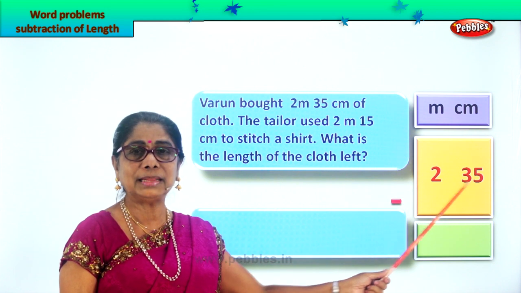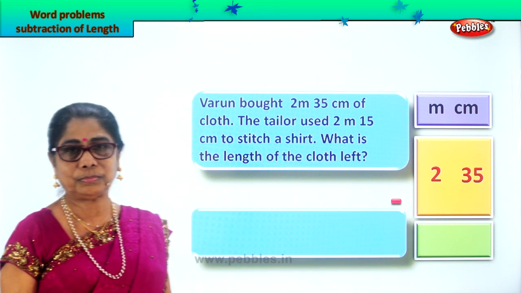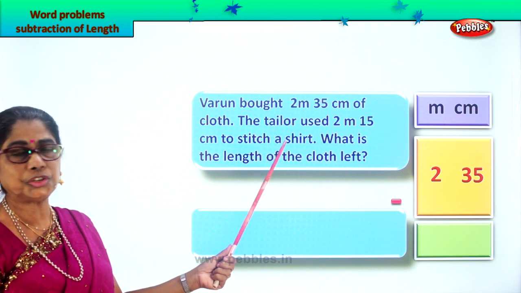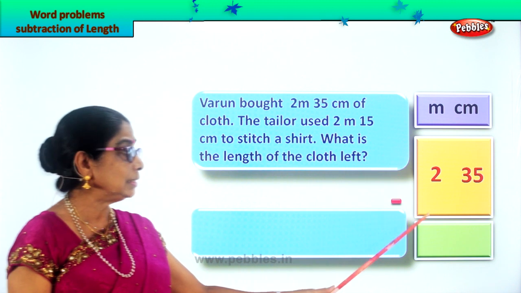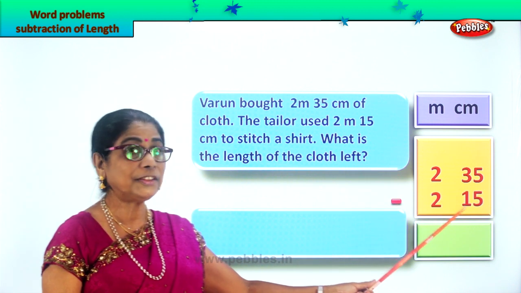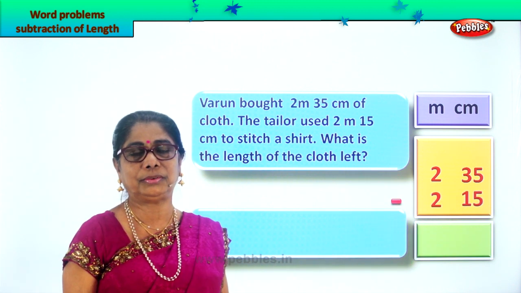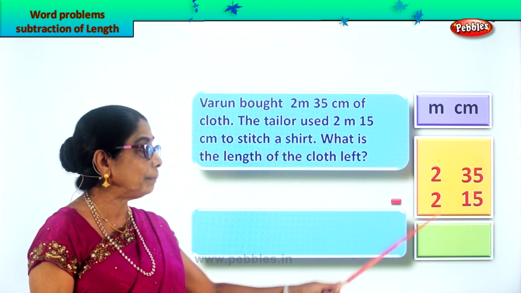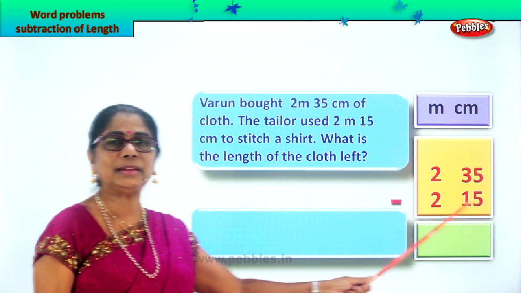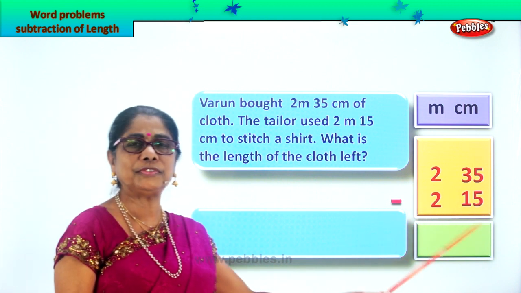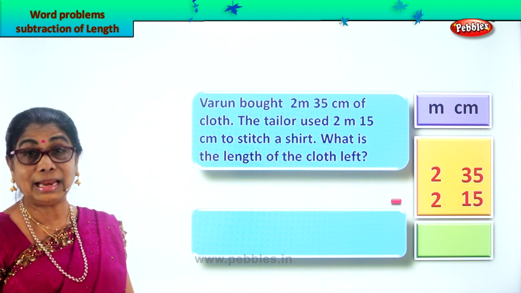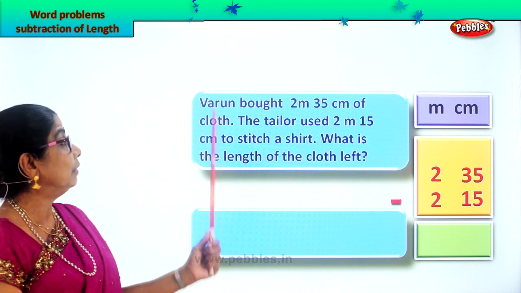The length of the cloth the tailor used for stitching a shirt is 2 meters 15 centimeters. So we arrange them correctly. Now when we subtract 2 meters 15 centimeters from 2 meters 35 centimeters, it will give us the length of the cloth left over and given to Varun.